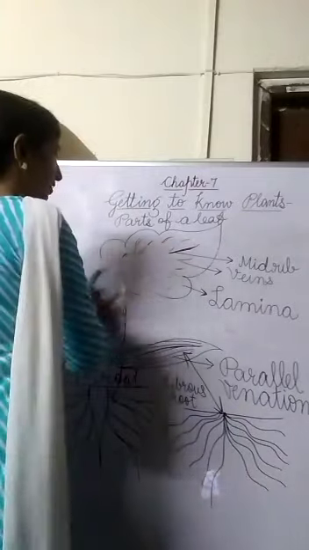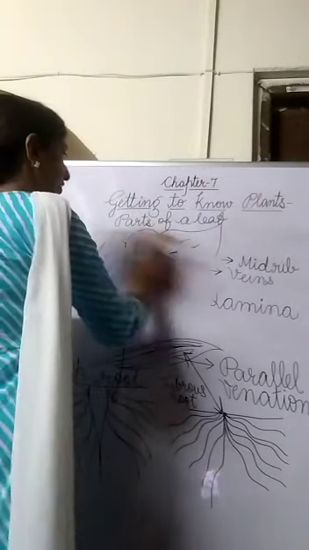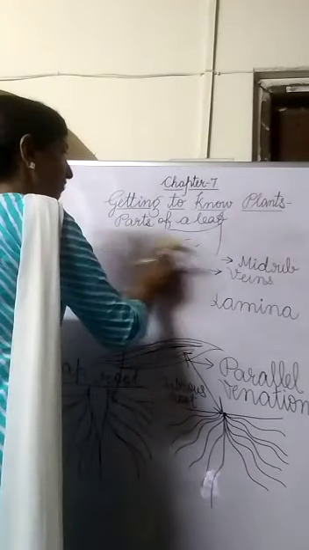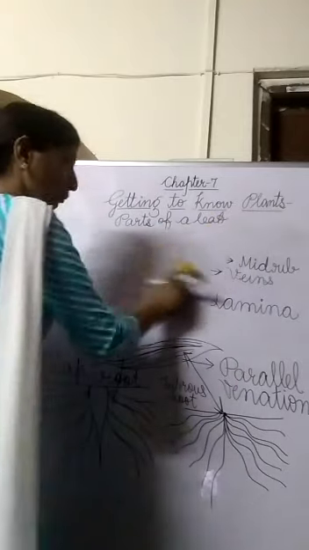I hope now it is clear how venation of leaf and the type of root are connected to each other.